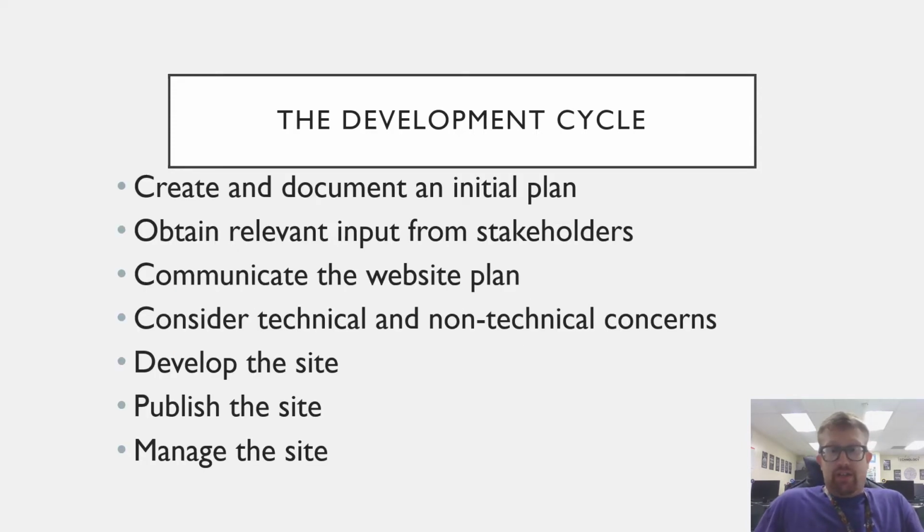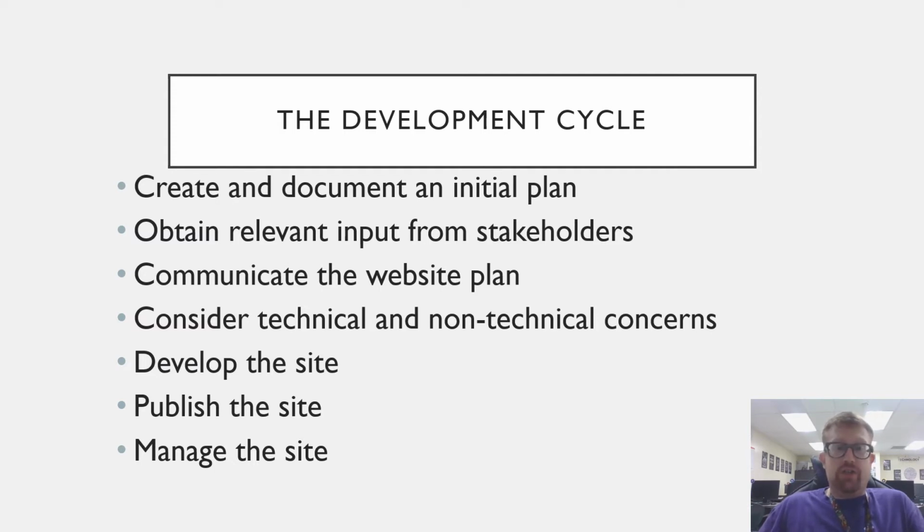So this is the development cycle, and this is what the course says are the ways that you build and create your website from start to finish. We'll talk about all of these steps and the ways that it works throughout the next several days. So we'll pretty much be into Wednesday and Thursday of next week talking about these different ways that sites are developed.